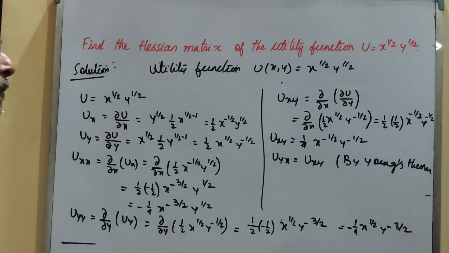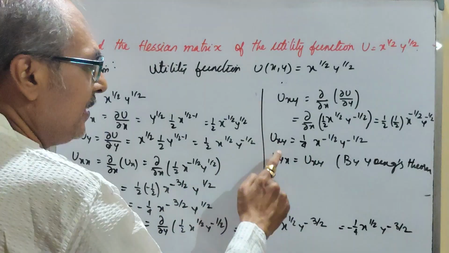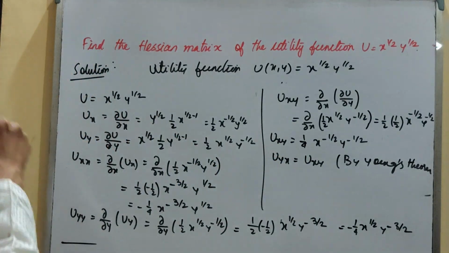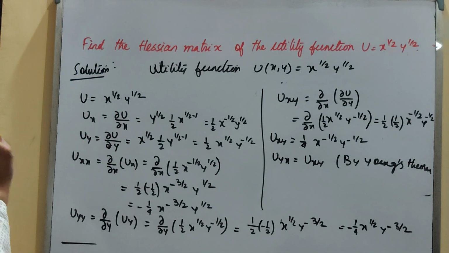Now we substitute the values of uxx, uyy, uxy, uyx in the Hessian matrix to get the Hessian matrix for this utility function.